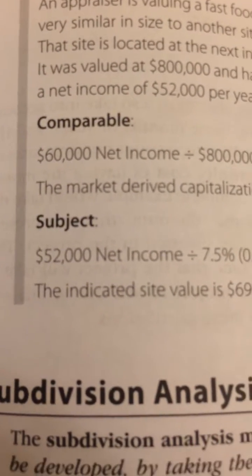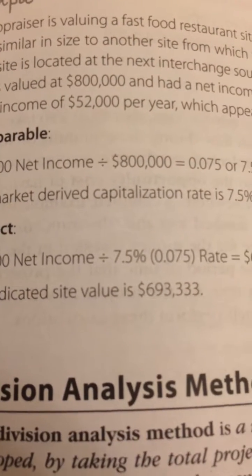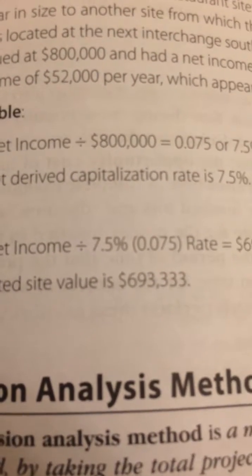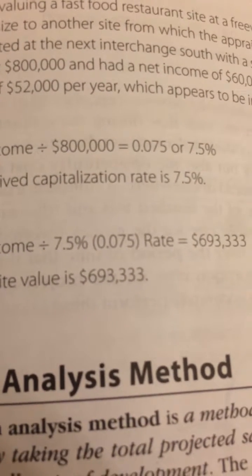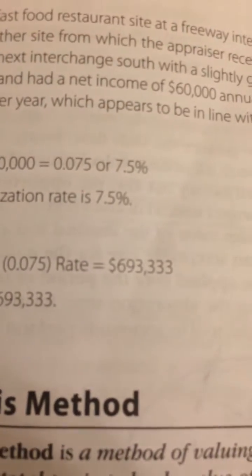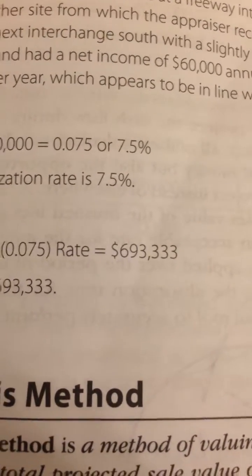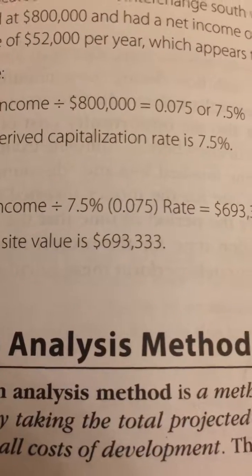Now the subject has $52,000 net income divided by the 7.5% or 0.075 rate equals $693,333. The indicated site value is $693,333.